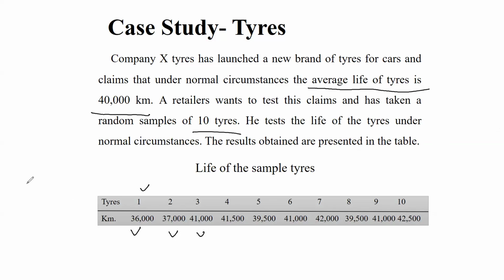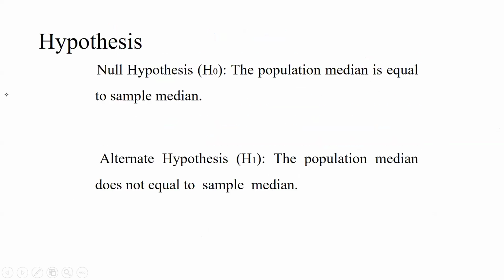First of all, we will develop the hypothesis on whether the retailer's claim is right or wrong. Here the population median is 40,000, as the company claims the tire will run 40,000 kilometers.